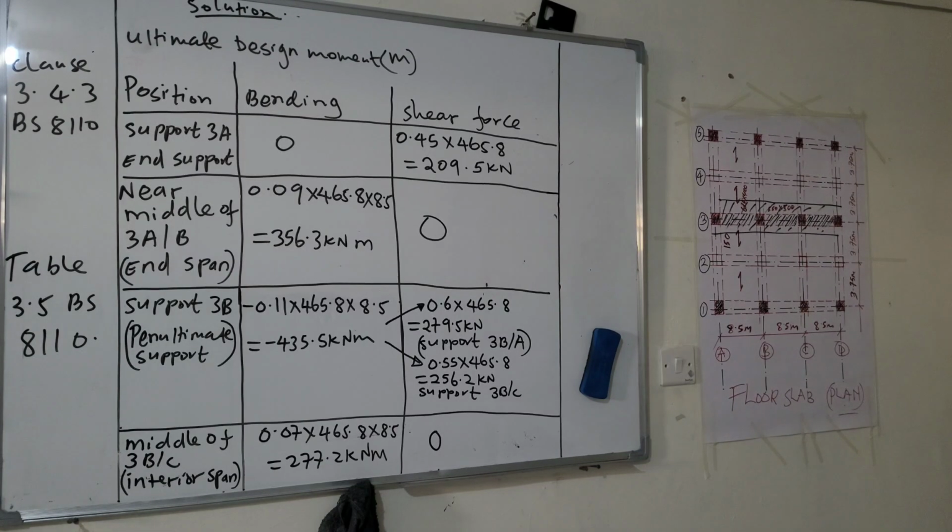Now, since our question satisfies the condition given in clause 3.4.3 in BS 8110, then it means we will use table 3.5 of BS 8110 to obtain the ultimate design moment, which is M, and the shear force, which will help us to calculate the area of reinforcement of compression steel bars and the tension steel bars.